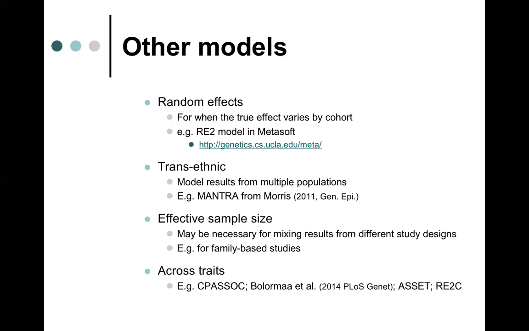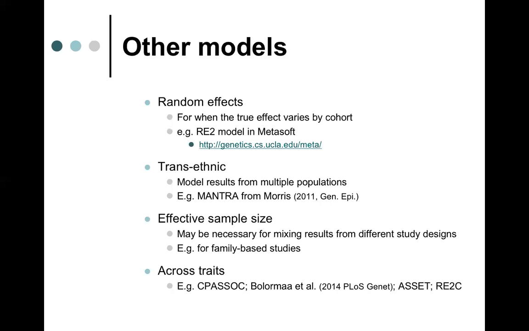One of the main names here is a software called MANTRA from Andrew Morris. That's a Bayesian model for doing this kind of thing. There are also more recent follow-ups from the Morris lab, in a frequentist framework as well, getting at this idea of more specifically modeling the special case of transethnic variability within the meta-analysis, rather than just treating it as a straight random effects model.